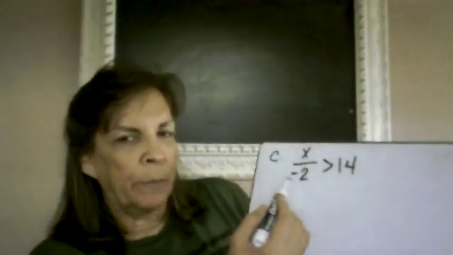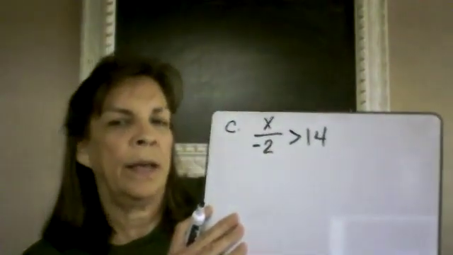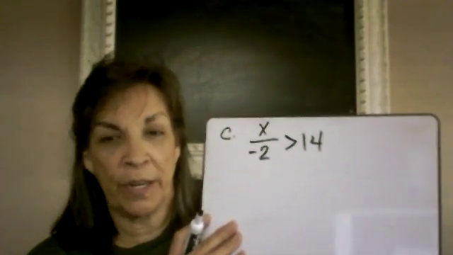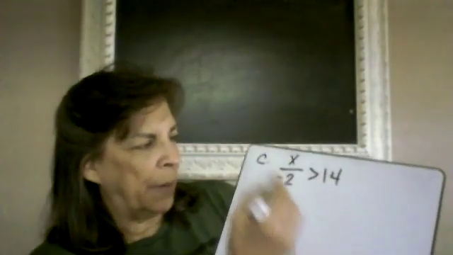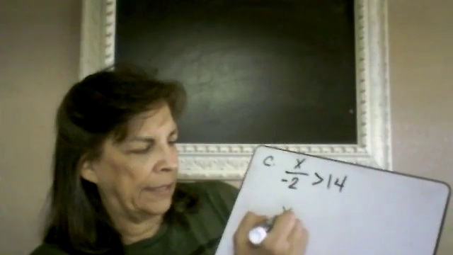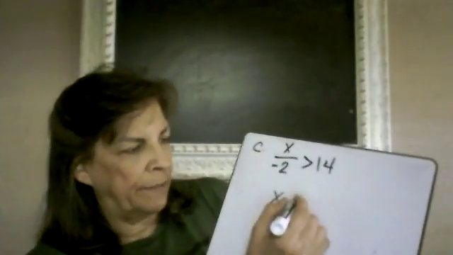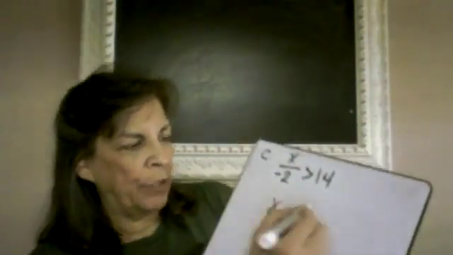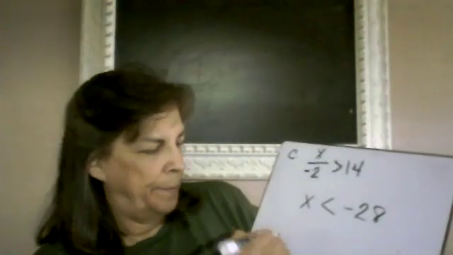Let's multiply both sides by negative 2. Oh, wait, we have to multiply by a negative number. So we're going to flip that sign. So let's multiply this by negative 2 and we get x. The negative 2's cancel out. Flip my sign and let's multiply 14 by negative 2 and I get negative 28.